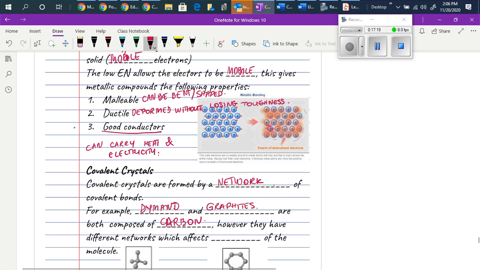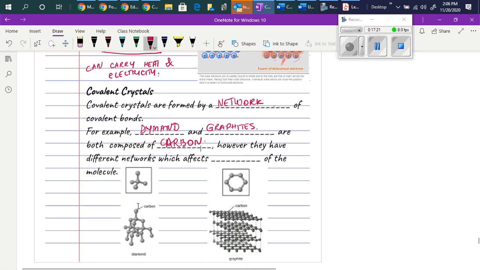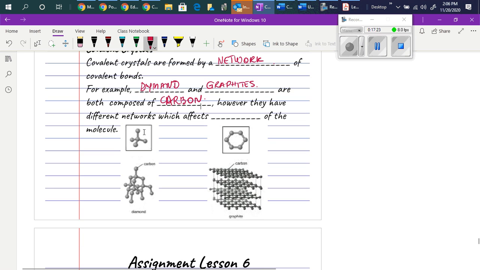However, a different network will affect the strength of the molecule. This is the case when we have a diamond.